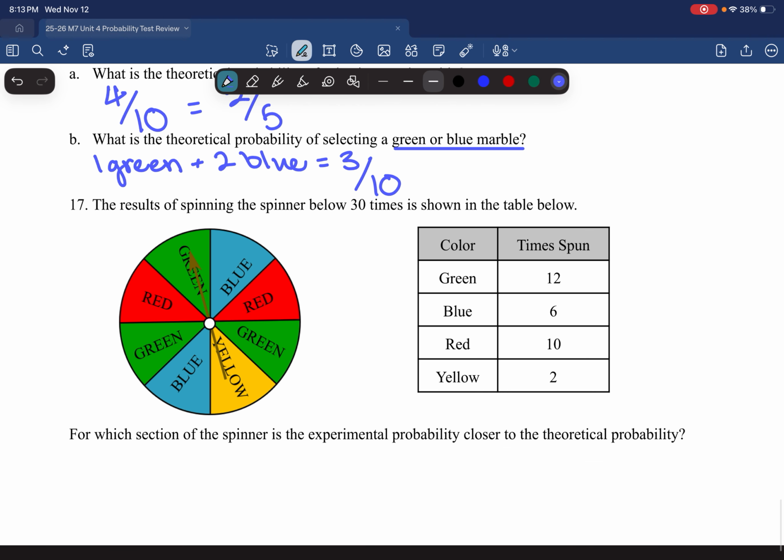All right, last one. We're almost done. All right, so the results of spinning the spinner below 30 times is shown in the table below. For which section of the spinner is the experimental probability closer to the theoretical probability? All right, so let's say blue. Let's do theoretical over here. Write that in a different color.